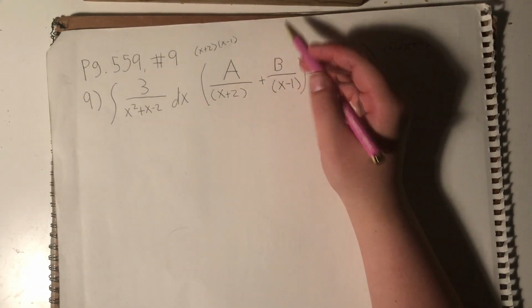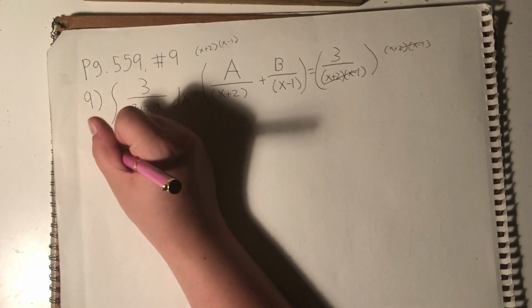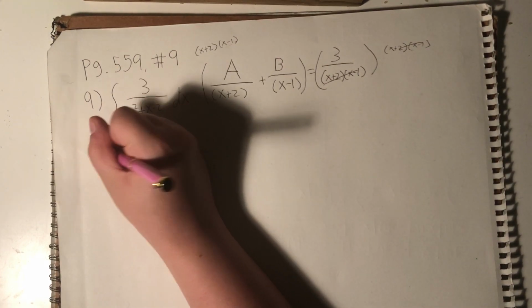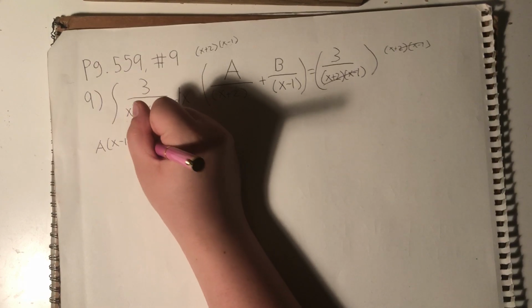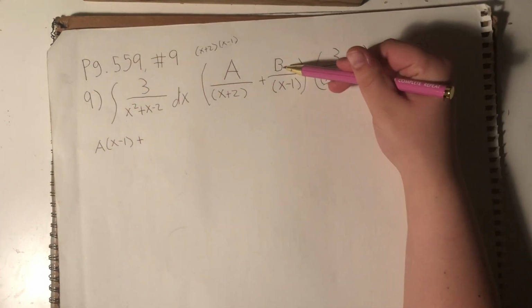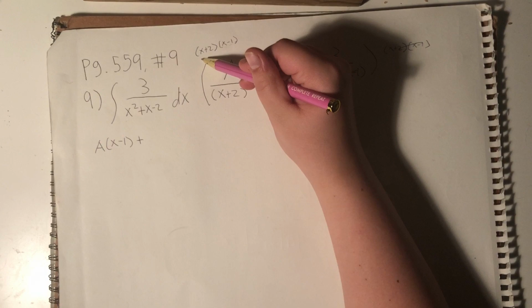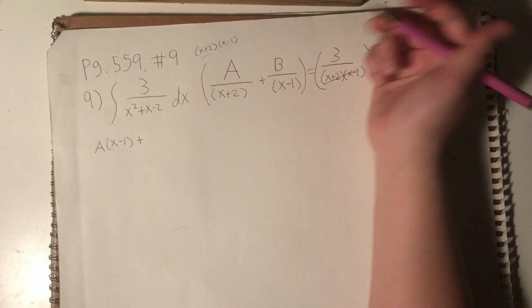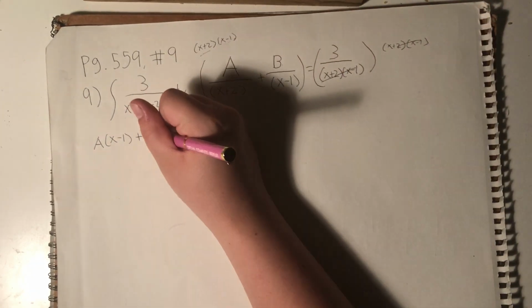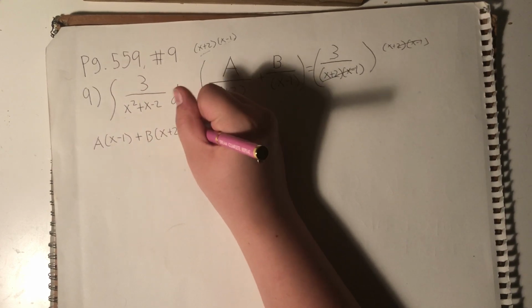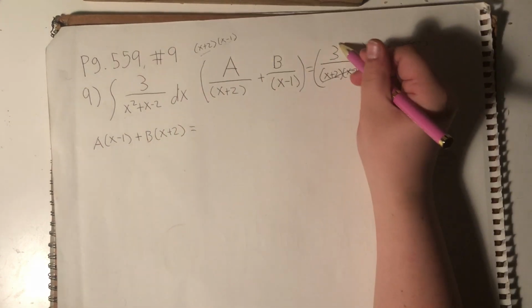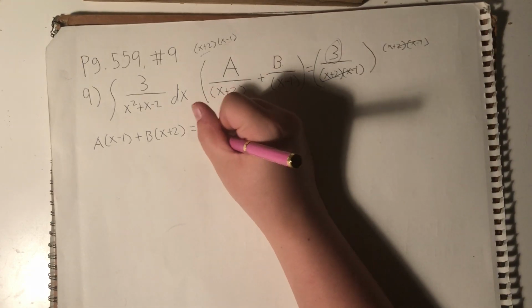So we're going to be multiplying A by x minus 1. So I'll write that down here, A times x minus 1, plus B needs to be multiplied by x plus 2, because we already have the x minus 1. So B times x plus 2 equals what we're left with right here, which is 3.